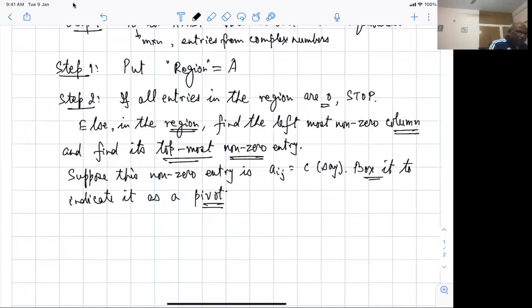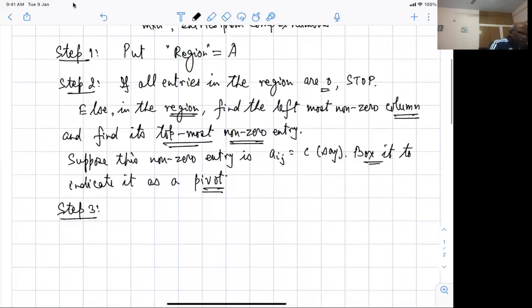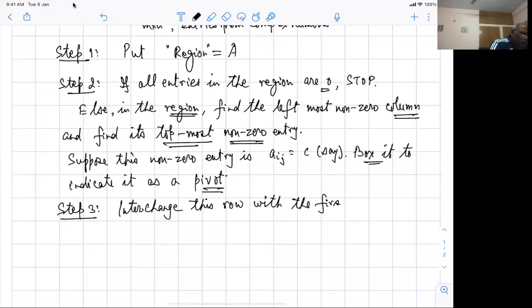Step 3: interchange this row with the first row of the region. You have to always look at the region, not the whole matrix.